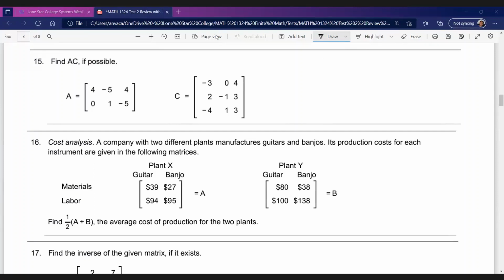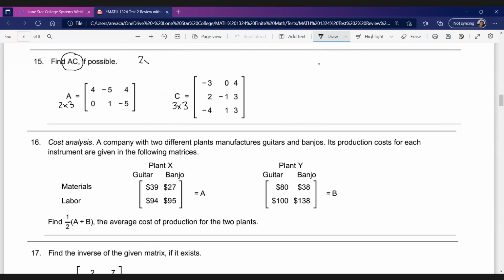Okay, so here we go with number 15. Find the product of matrix A times matrix C. Matrix A is a 2 by 3 matrix. Matrix C is a 3 by 3. So let's see if this product is defined.